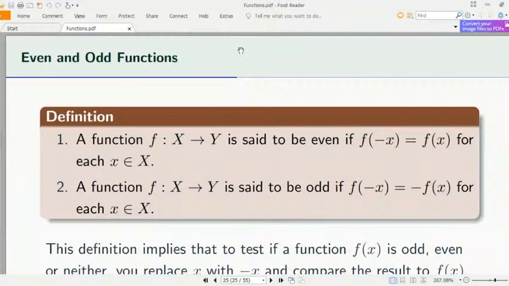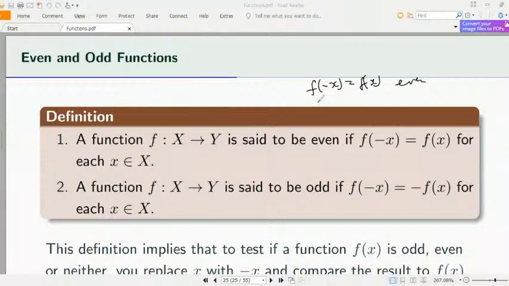So, I just want to put a few examples and see whether those functions are odd or not. But what is very important is this definition. If f of negative x is the same as f of x, then the function is even.